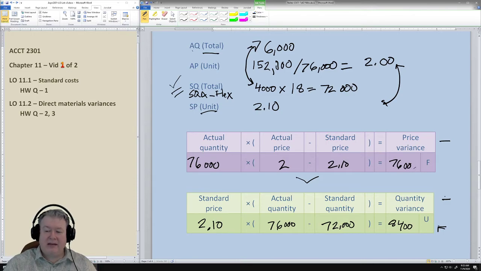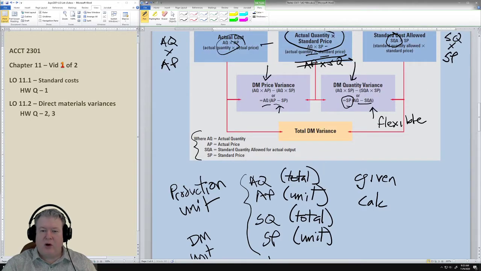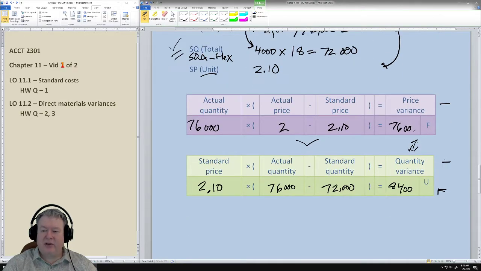So when we look at these two and we compare them, in other words, if we go back up to this chart, we're going to take the price variance and combine it with the quantity variance to come out with the total direct materials variance. Think of it as like a line here.